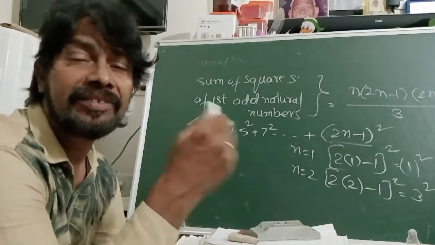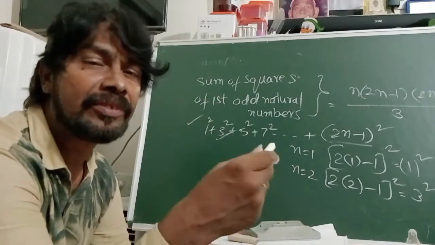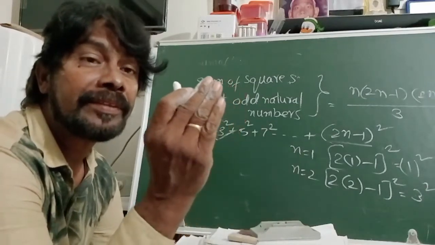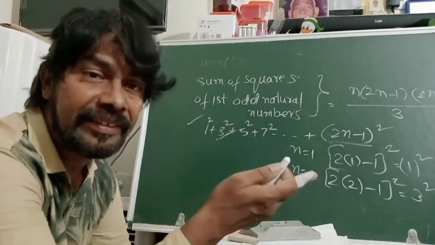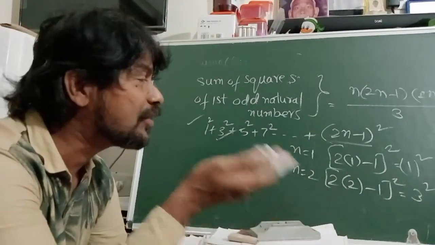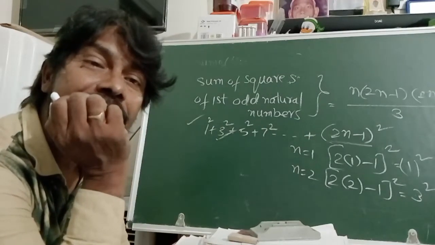1 square plus 3 square plus 5 square plus 7 square plus 9 square plus 11 square plus 13 square and so on. This is the odd series, so the nth odd number is 2n minus 1, and the term is 2n minus 1 whole square.